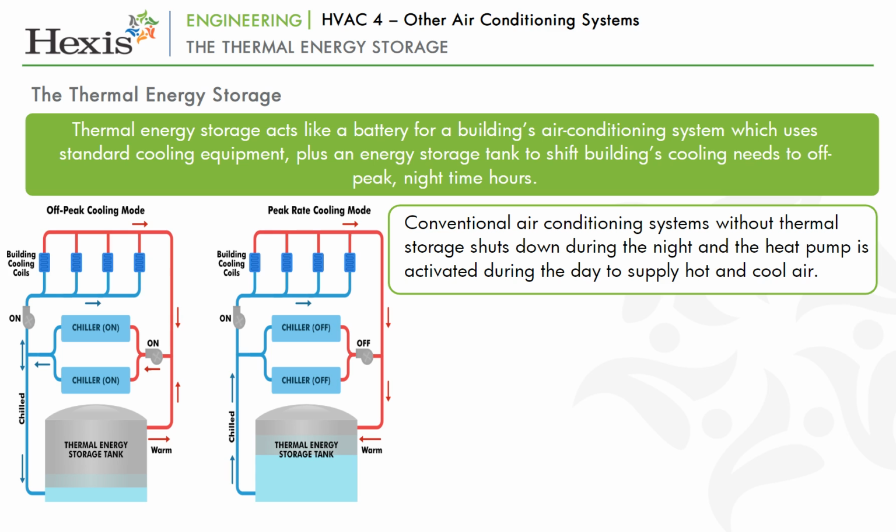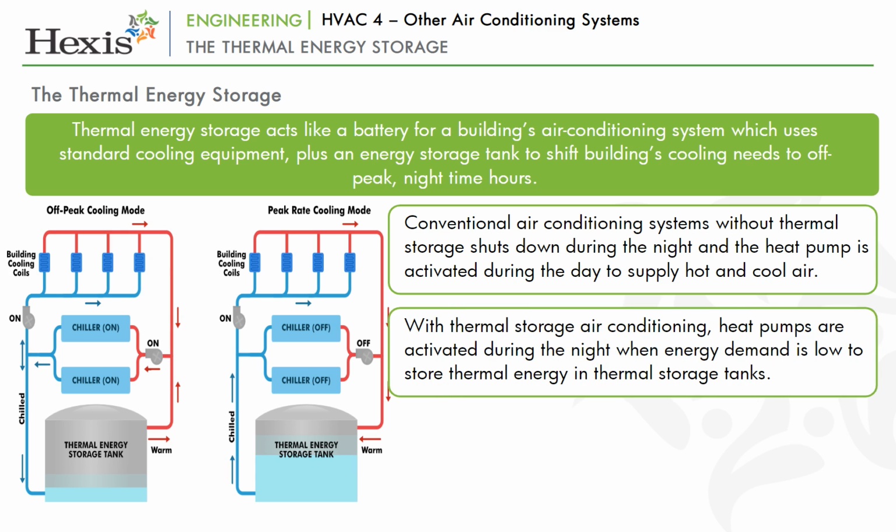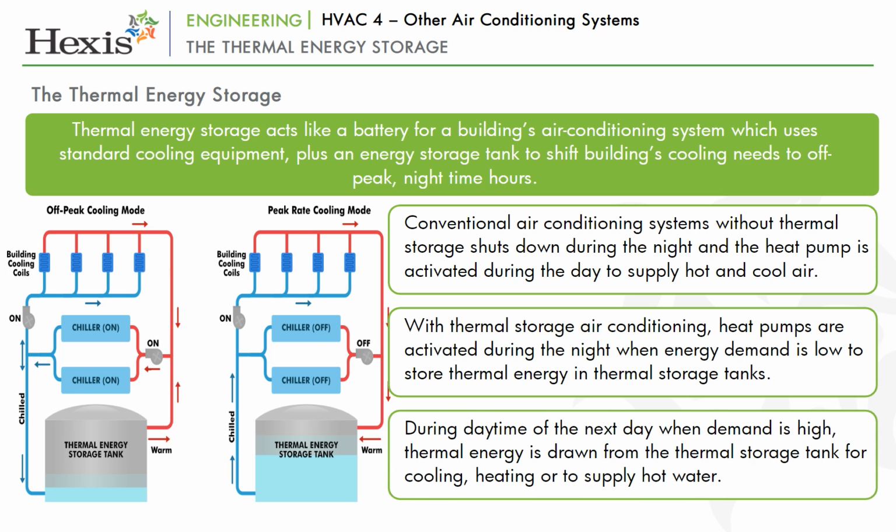On the other hand, with thermal storage air conditioning, heat pumps are activated during the night when energy demand is low to store thermal energy in thermal storage tanks. Chilled water and ice are stored in the tanks for cooling purposes, and hot water for either heating or hot water supply. During daytime of the next day when demand is high, thermal energy is drawn from the thermal storage tank for cooling, heating, or to supply hot water.